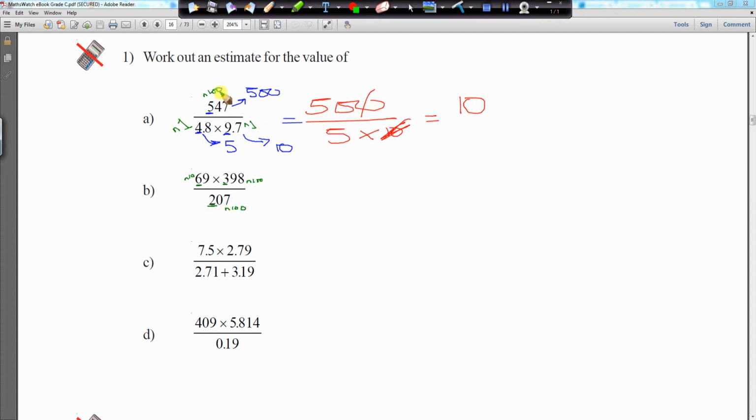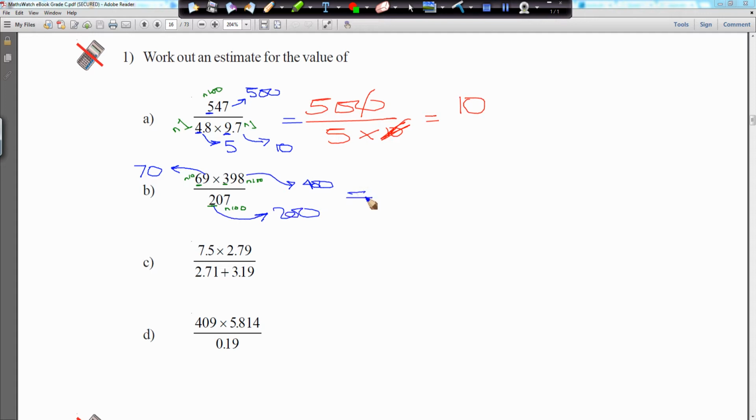So 69 to the nearest 10 becomes 70. 398 to the nearest 100 becomes 400. 207 to the nearest 100 becomes 200.